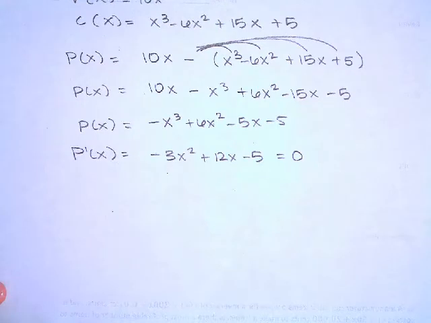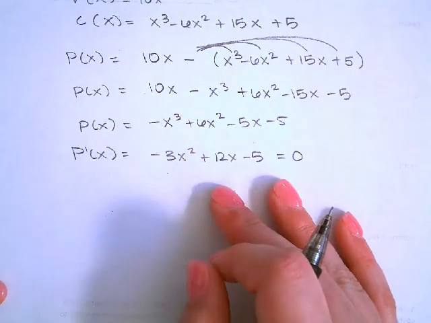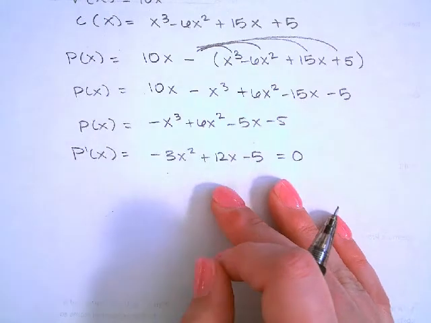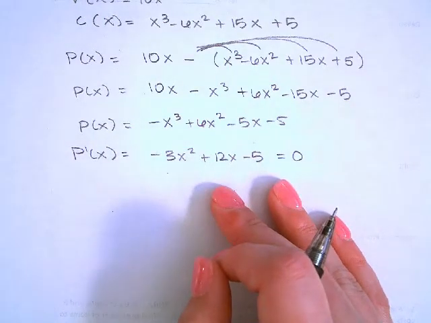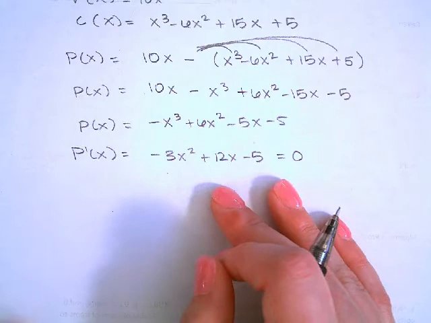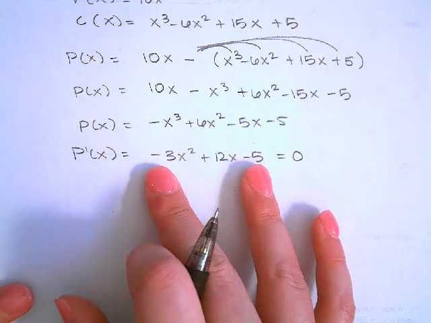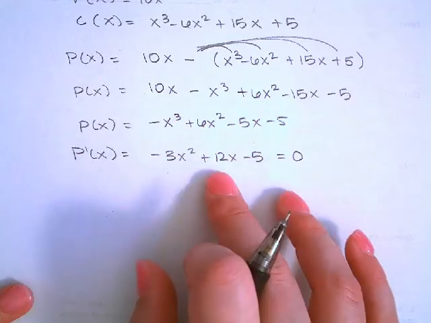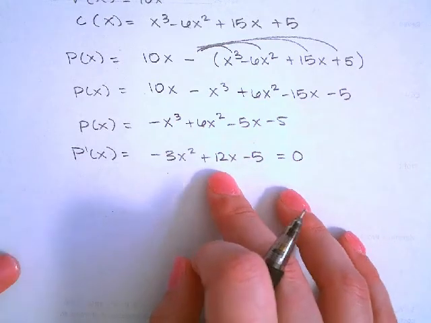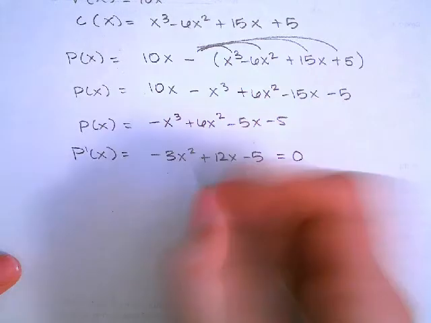Okay, so now I'm going to go ahead and find the derivative and set it equal to 0. And so to find my critical numbers, I need to solve this quadratic. I can do the quadratic formula, I can do factoring. If I do factoring, I am looking for something that multiplies to positive 15 but adds to positive 12, and that's not possible. So that means this is a quadratic formula problem.